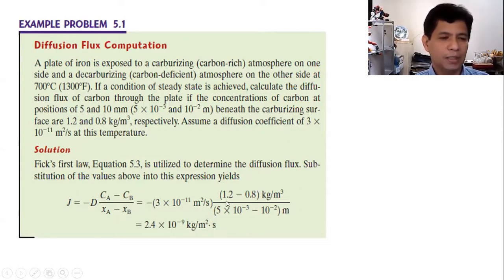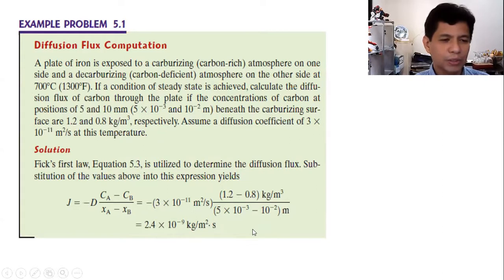Tapos, C is 1.2 and 0.8 kilogram per cubic meter. Tapos, in terms of meter, this is 5 times 10 to the minus 3 meters. Tapos, this is 10. Yung 10 millimeter is equivalent to 10 to the minus 2 meters. And then just use your calculator to get the final answer.